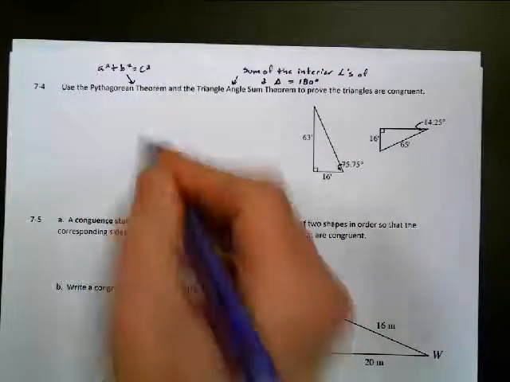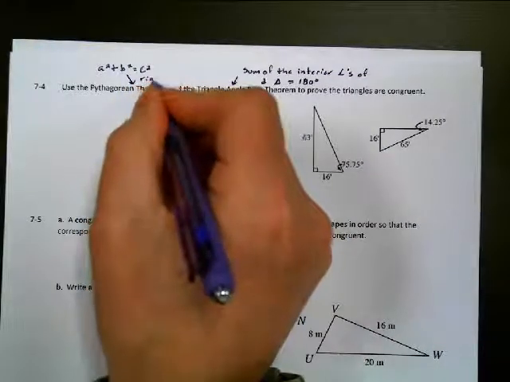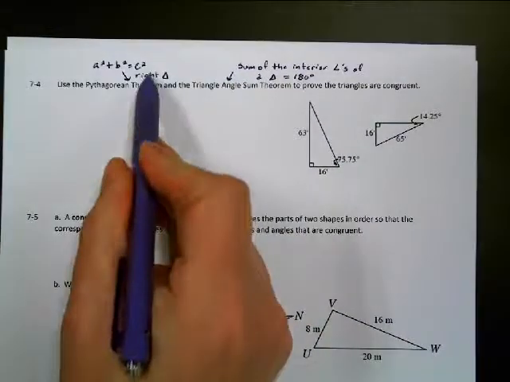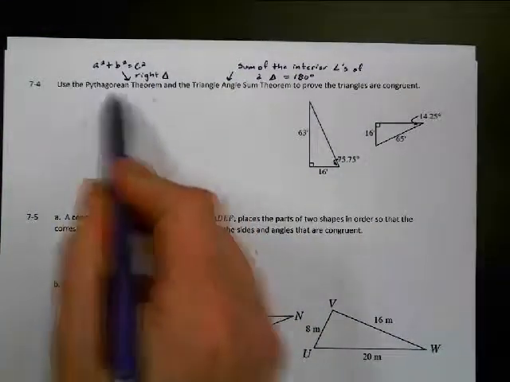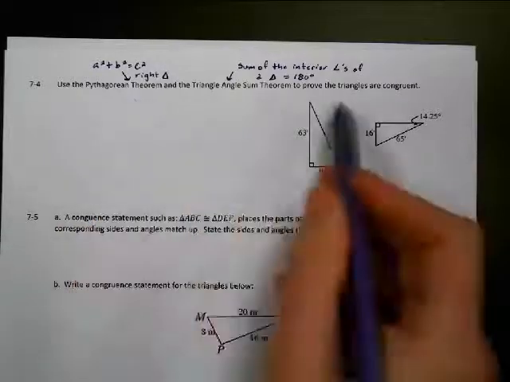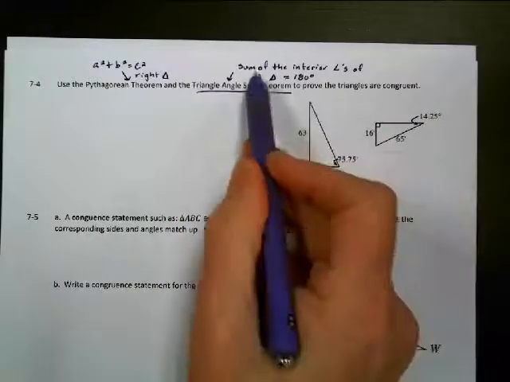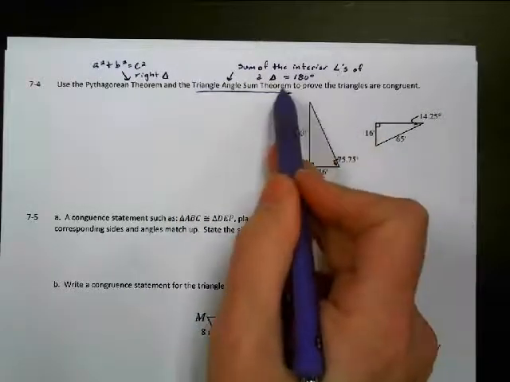So we're going to use a squared plus b squared equals c squared for the Pythagorean theorem. And then the angle sum theorem just says that the sum of the interior angles of a triangle have to add up to 180 degrees. All right, so far, let's start with the Pythagorean theorem.